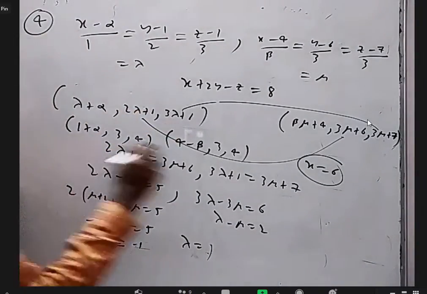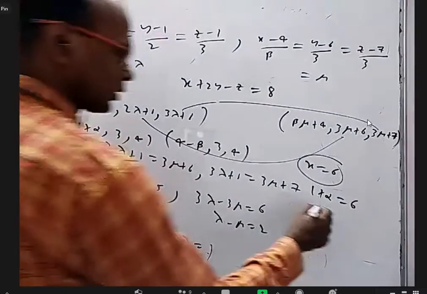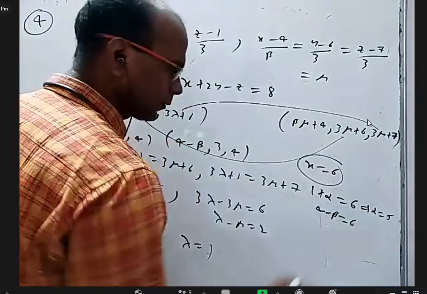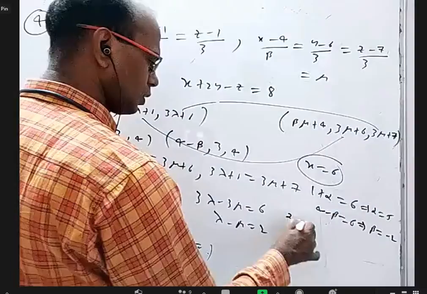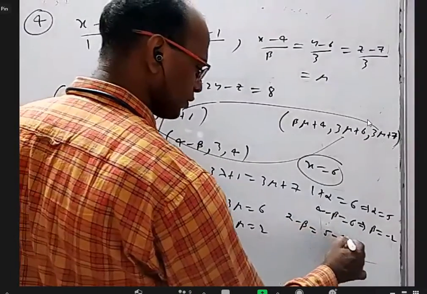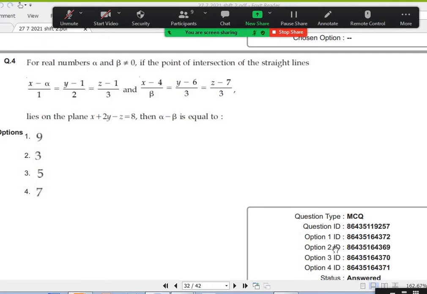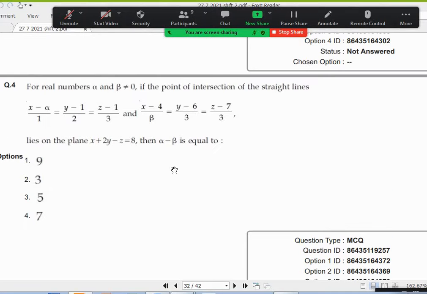So 1 plus alpha should be 6, and 4 minus beta is also 6. So I'll get alpha is equal to 5 and beta equal to minus 2. And alpha minus beta means 5 minus minus 2 is 7. Yeah, alpha minus beta is 7. Answer 4. So that's what was done in the exam.